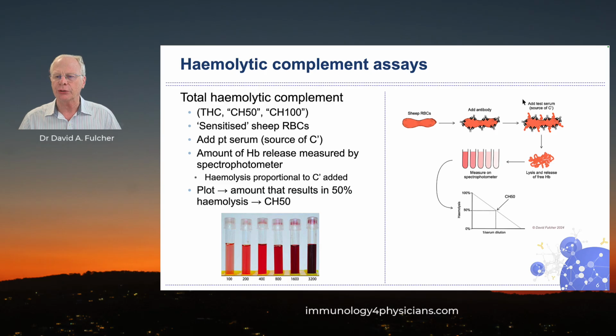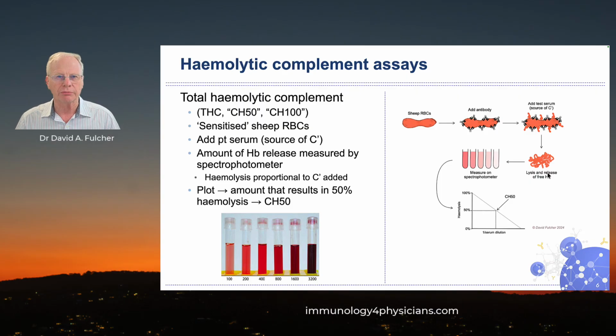And then you add your test serum. So now we have a red cell coated with antibody. Nothing really is going to happen in the test tube until you add complement. When you do, that whole pathway goes to completion. Holes are drilled in the target cell membrane by the membrane attack complex. The red cells are released, and the amount of free hemoglobin can be measured on a spectrophotometer.